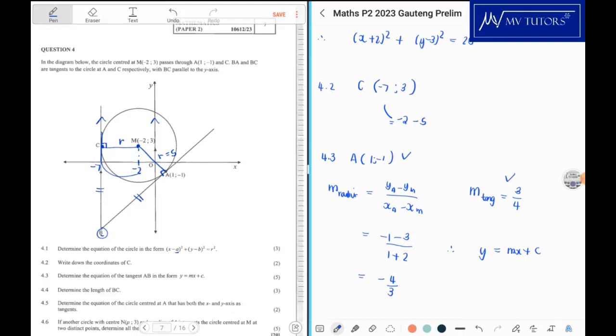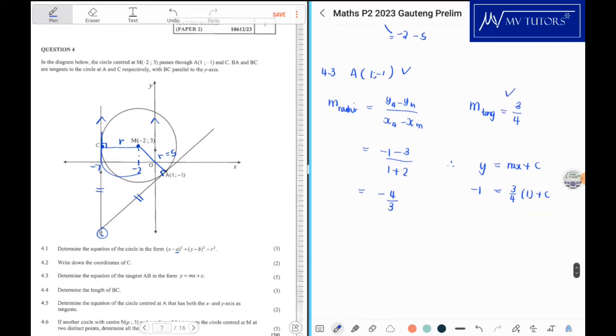So in the place of y, we're going to put -1. In the place of our gradient, we have 3/4. In the place of x, we're going to put 1. And we can work out what C is. So C is -1 minus 3/4. We can turn this 1 to 4/4. So now we have -4 minus 3, that is basically -7.